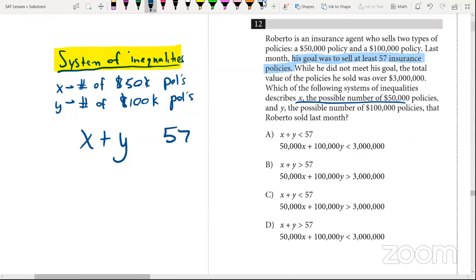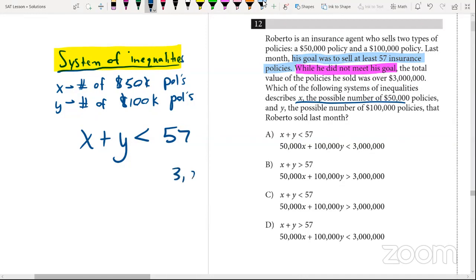So at least 57 would be greater than or equal to, but that would be a mistake because in this brutal wording, it says right afterwards, he did not meet his goal. So he did not sell at least 57. So he didn't sell greater than 57 or equal to 57. He sold less than 57. And that is as brutal as it gets, in my opinion.